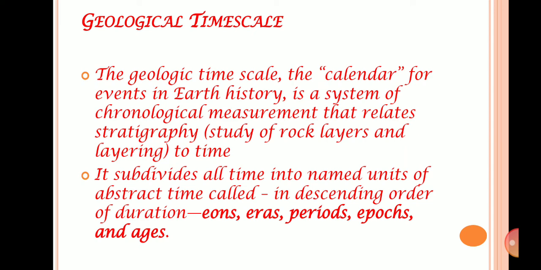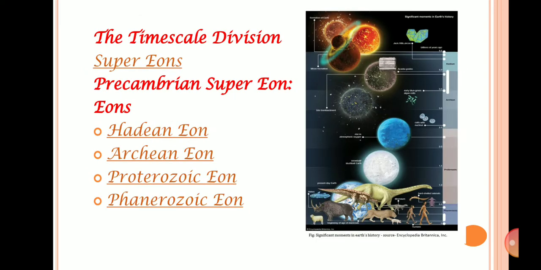The geological time, for the purpose of determining the age of various rocks, has been divided into two eons, the Precambrian and the Paleozoic, and four major eras, namely Precambrian, Paleozoic, Mesozoic, Cenozoic.